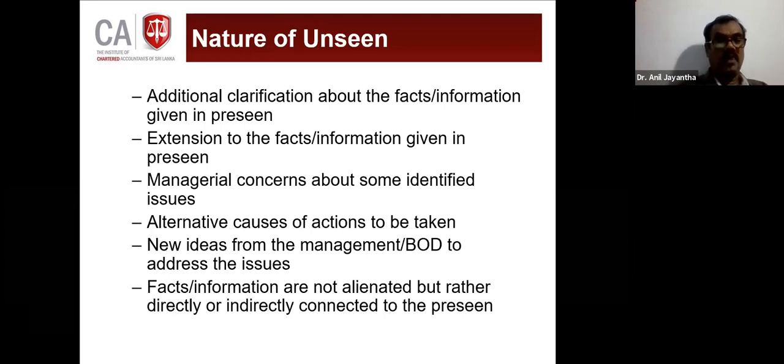Technically speaking, it is an additional clarification about the facts given, or an extension to the facts given. Additional clarification is there, but still that relates to given information. The second one is extension. New information comes, but still the connection is there, connection to the pre-seen.